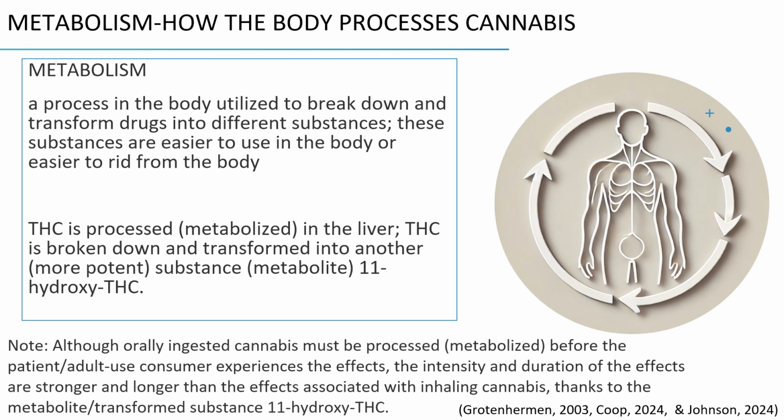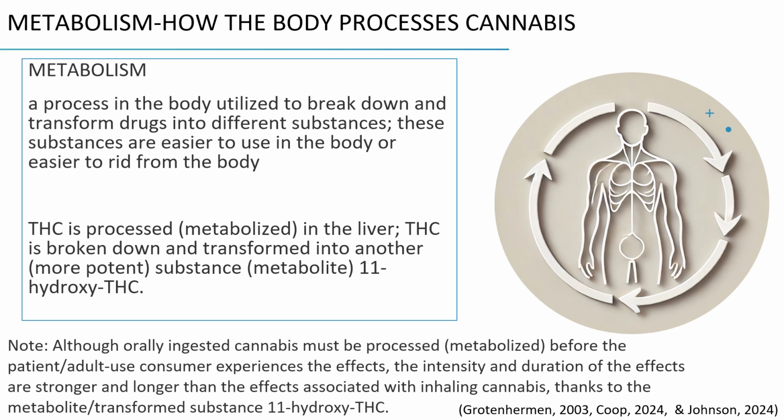Although orally ingested, this is a note, cannabis must be processed or metabolized before the patient or adult use consumer experiences the effects. The intensity and duration of the effects are stronger and longer than the effects associated with inhaling cannabis, thanks to the metabolite or transformed substance, 11-hydroxy-THC. So, you consume cannabis, it's metabolized and processed when you ingest it.